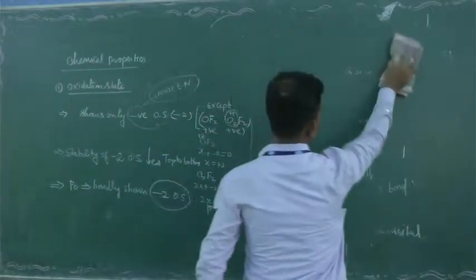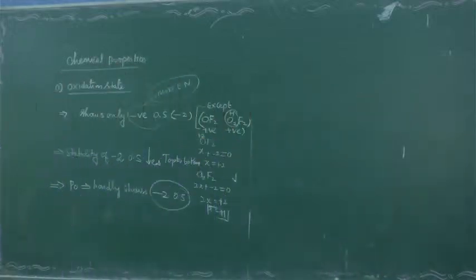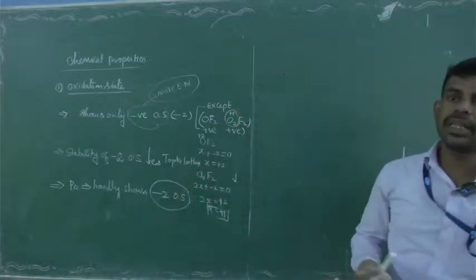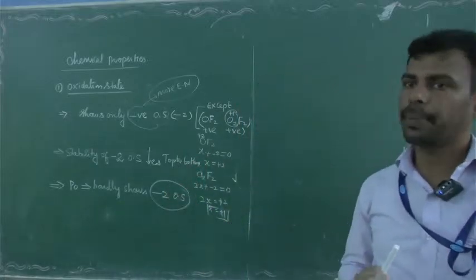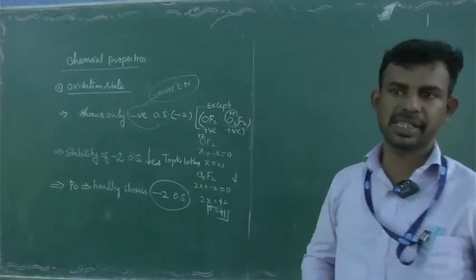Next, other oxidation states are possible for the other elements of the group. Oxygen shows oxidation state minus 2, except in the case of O2F2, where it is plus 1.